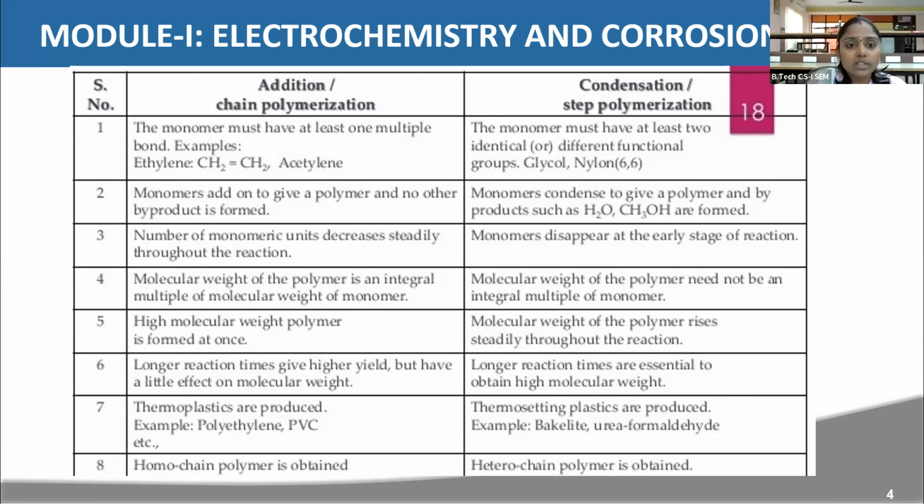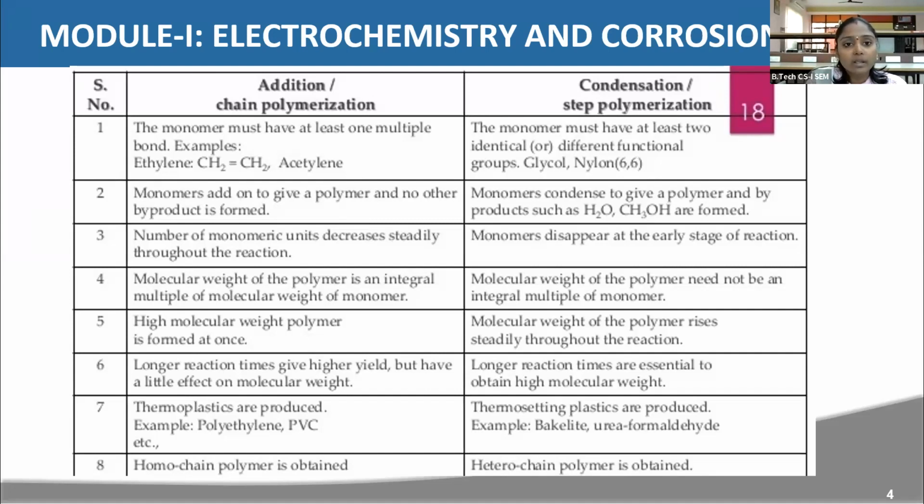Here in chain polymerization the molecular weight increases at one time, but in step polymerization it increases step by step. Longer reaction times give higher yield but have little effect on molecular weight. Longer reaction times are essential to obtain high molecular weight.